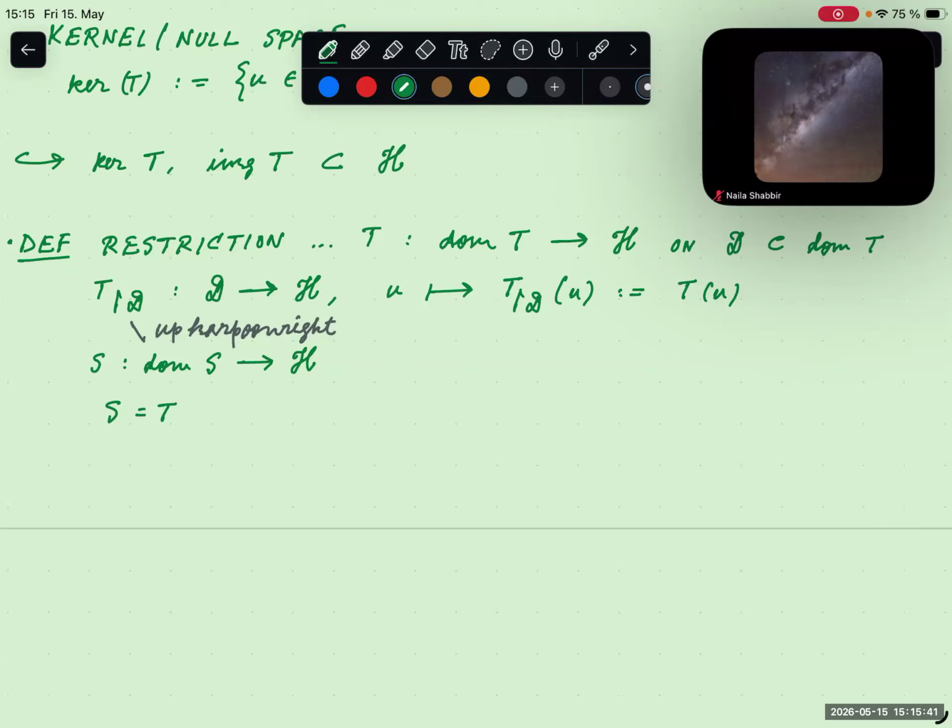Okay. So when two matrices are the same, you say the matrices are the same because matrices don't have the domain issue, so the same means they are the same as operator.